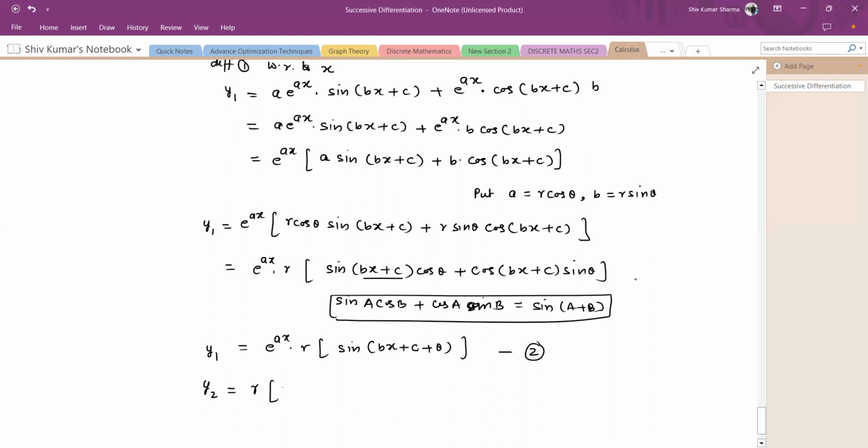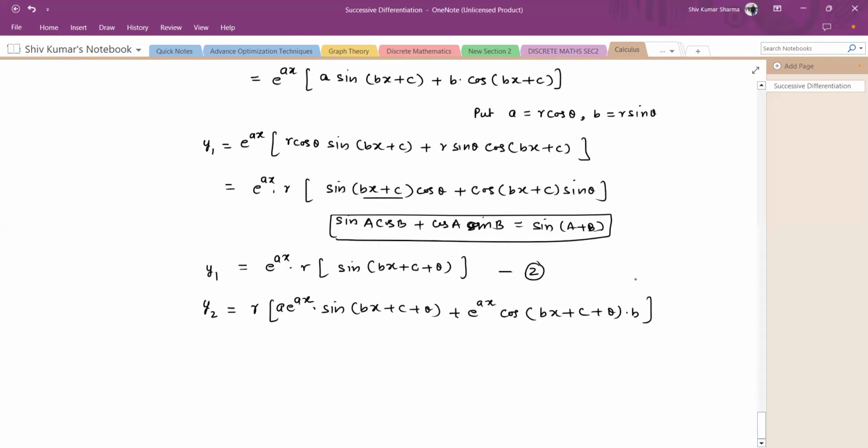So we write the first derivative term a e raised to the power ax into the second function, which remains the same, sine(bx + c + theta), plus first function as it is and differentiation of the second, cos(bx + c + theta), into differentiation of bx + c + theta, which gives us b. Okay, so this is the second term.